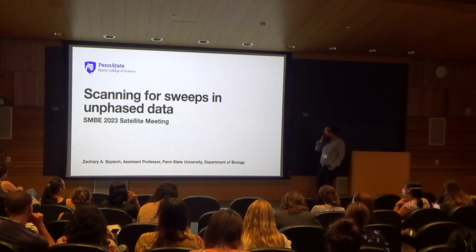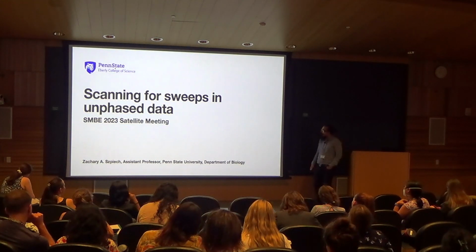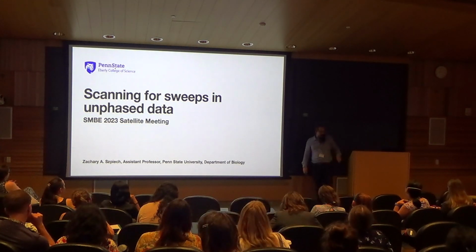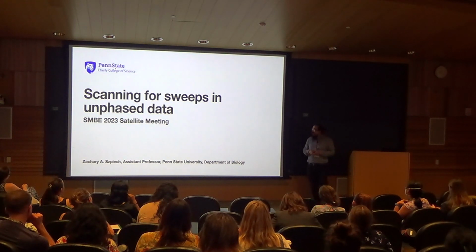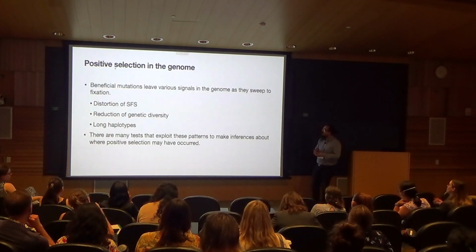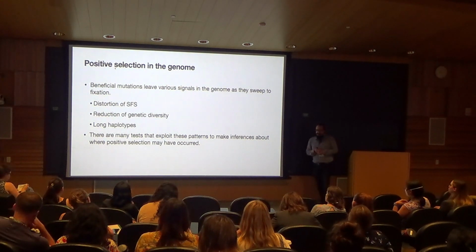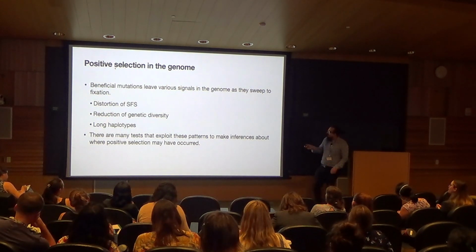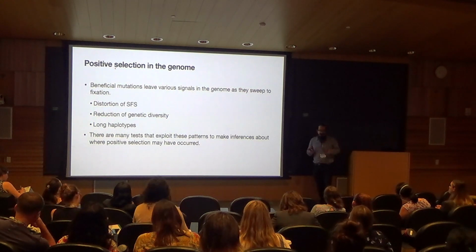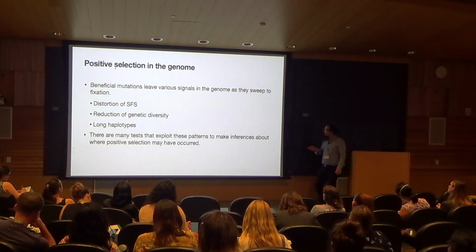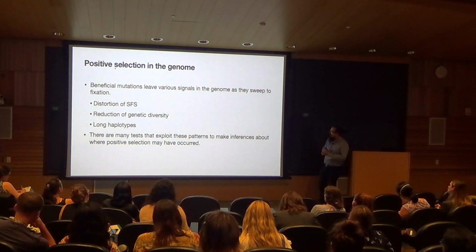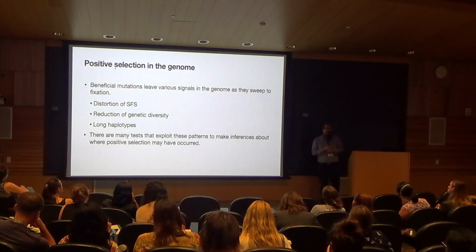Today I'd like to talk to you a little bit about how we can scan for selective sweeps, and in particular, how we can do this using unphased data. Selective sweeps, beneficial mutations will leave these very conspicuous signals in the genome: distortion of the site frequency spectrum, reduction of genetic diversity, and really long haplotypes.